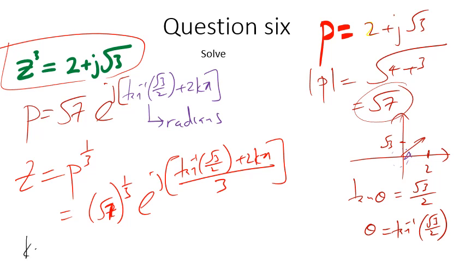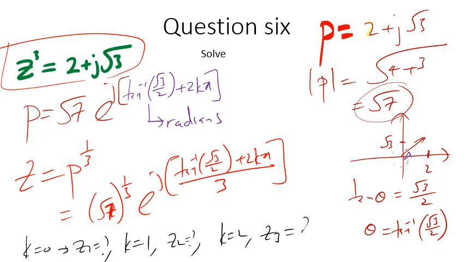Your 3 solutions would be k equal to 0, you'll have a z1 for that. Please write this out. K equal to 1, you'd have a z2 for that. And the last one is k equal to 2, and you'd have a z3 for that. And write that in polar form, and that's your answer. Very straightforward. The P method, for me, works beautifully.